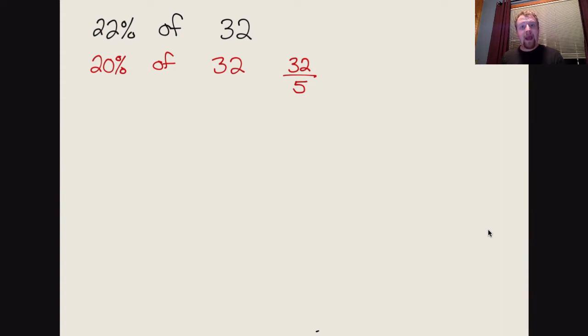And if I turn this, at least at first, into a mixed number, I see that 5 goes into 30 6 times, and I'm left with a remainder of 2/5, like so. Now, if you were to turn this into a decimal, you would see that this works out to be 6.40.